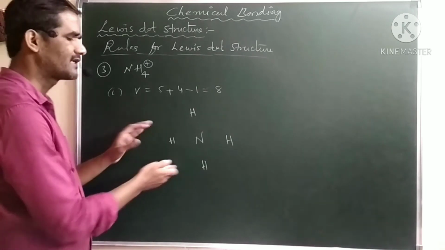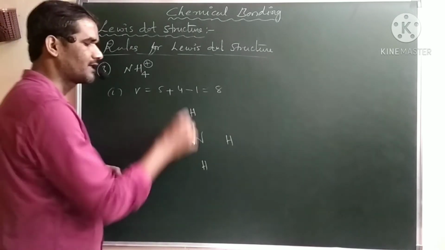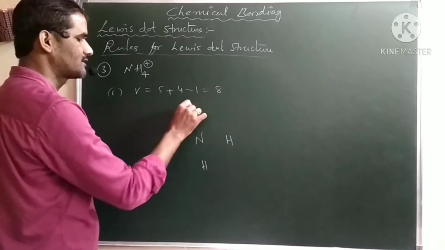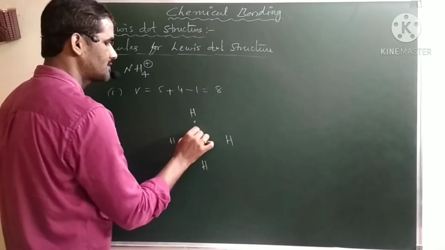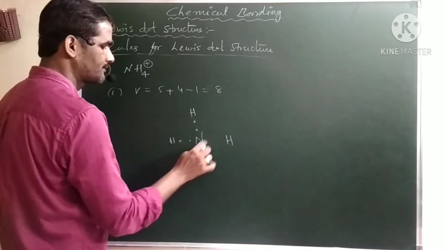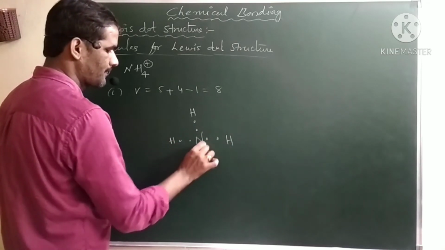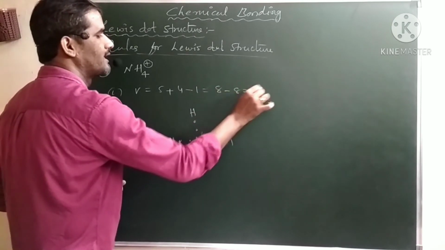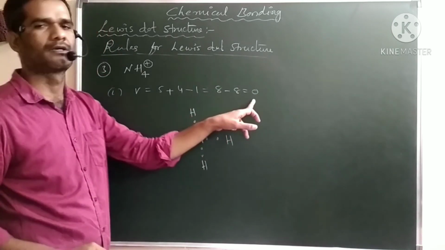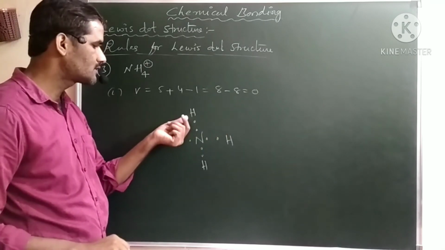Now after writing this skeleton structure, we have to share the electrons between terminal and central atom by making a single bond. Single bond means 2 electrons. Now how many electrons did we share? 8 electrons we shared, so no more electrons. And hydrogen is now satisfied.